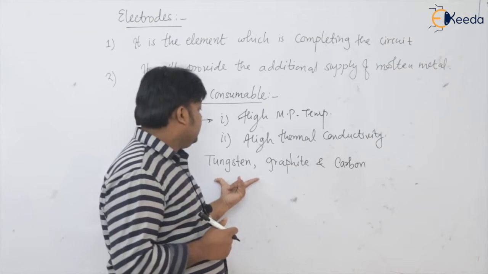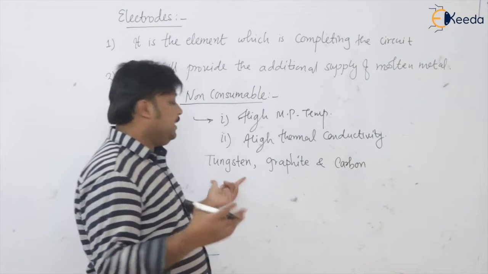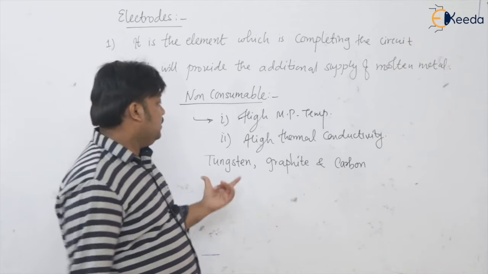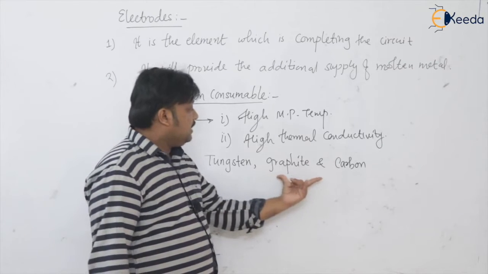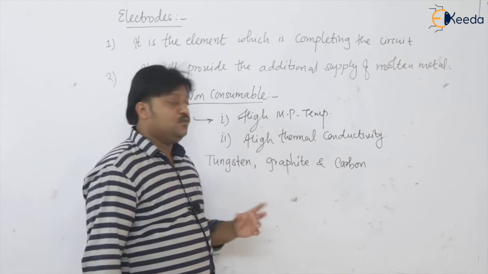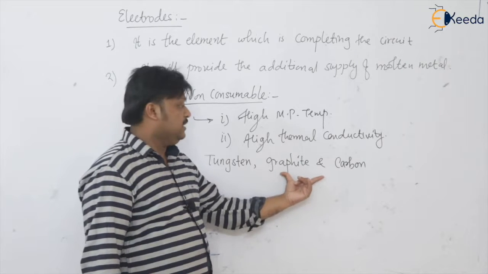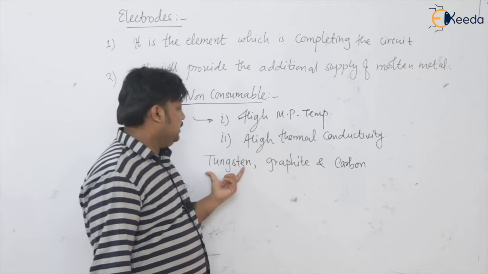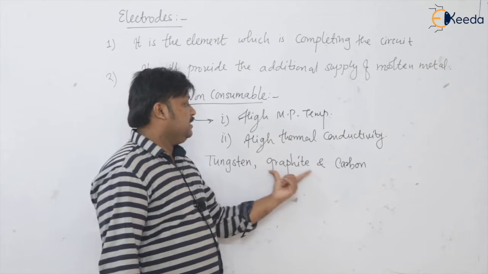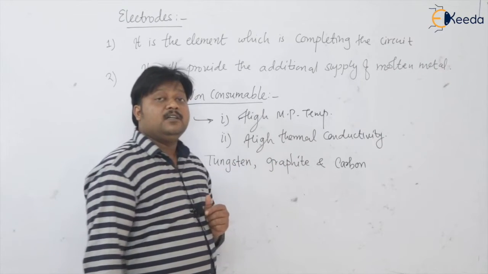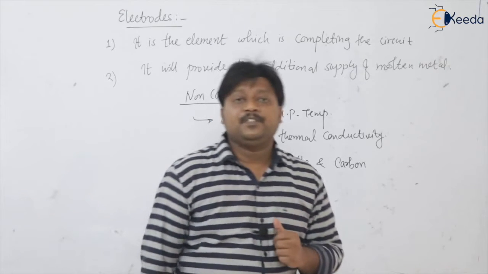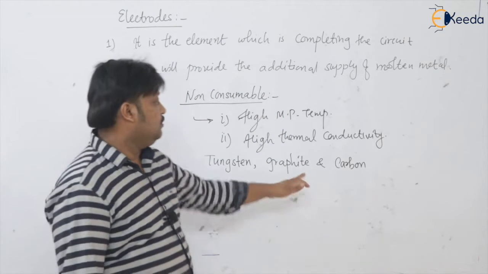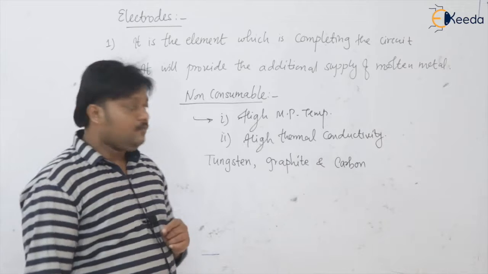Out of that, tungsten can be used for AC or DC, but graphite and carbon can only be used for direct current. Please remember this, tungsten can be used for AC or DC, but graphite is specially used for the direct current circuit in welding. Okay, not suitable for alternating current.